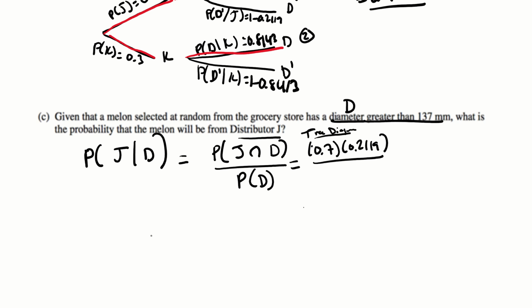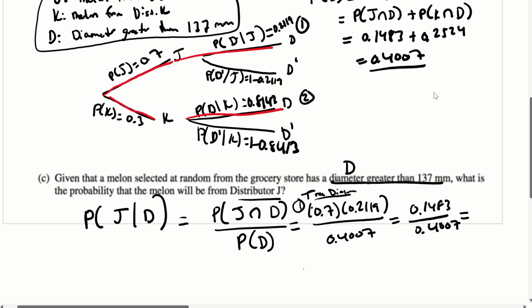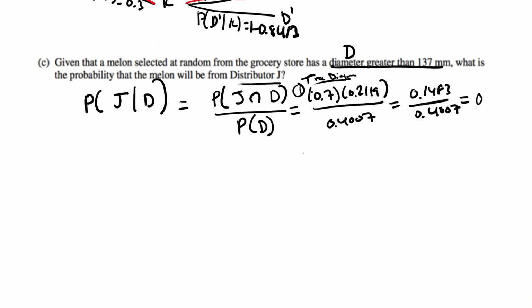All right, and then this one is 0.4007, and so we can get 0.1483 divided by that. This is from pathway number 1 in the tree. Let's see, is it pathway number 1? Yeah, pathway number 1, J and D. 0.3701.